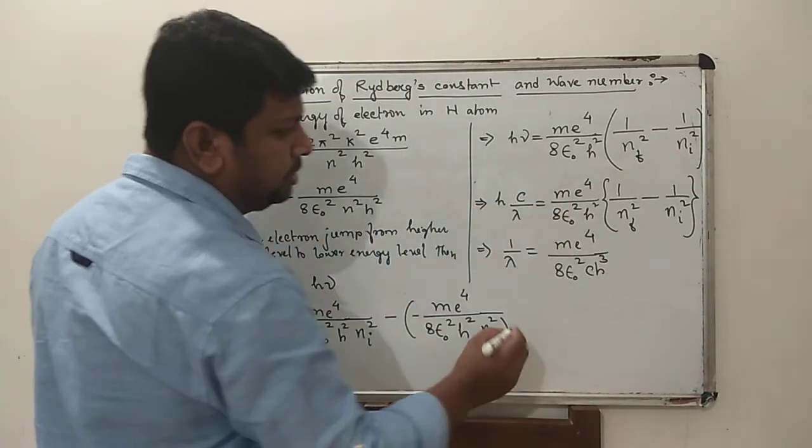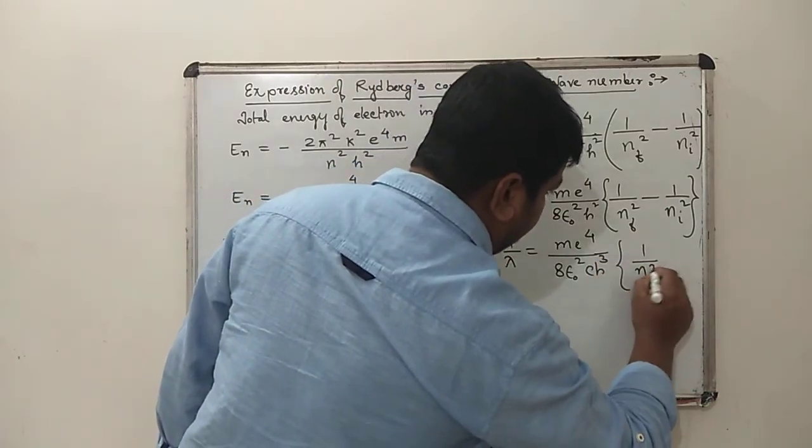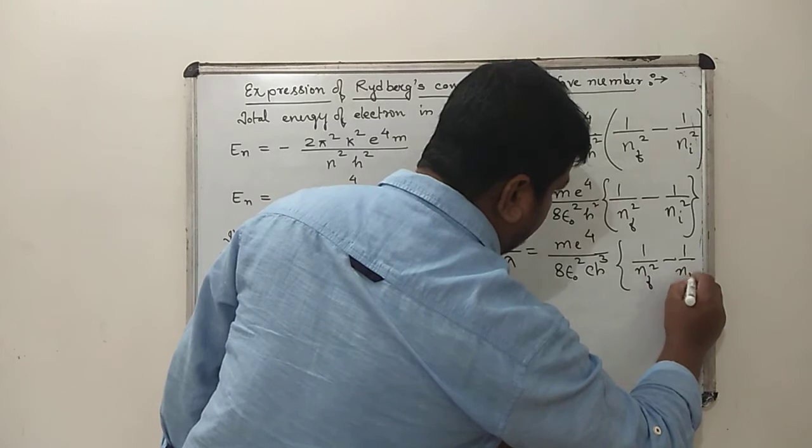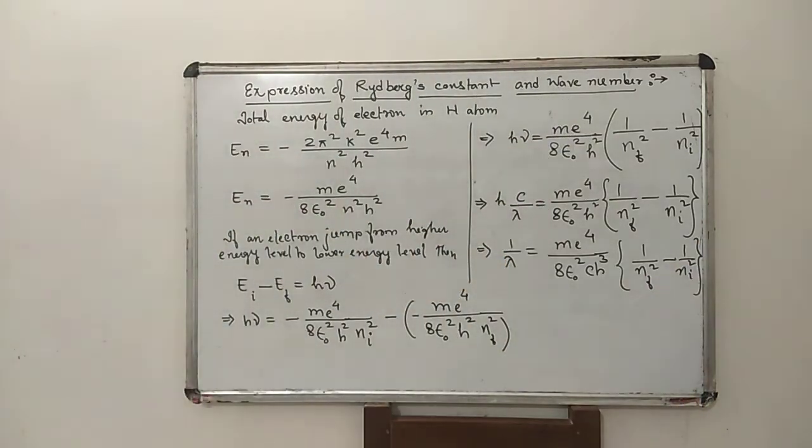So 1 by lambda equals m e to the power 4 divided by 8 epsilon naught square c h cube into 1 by nf square minus 1 by ni square.